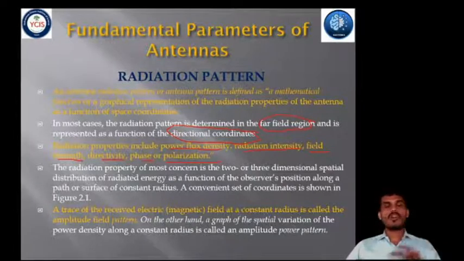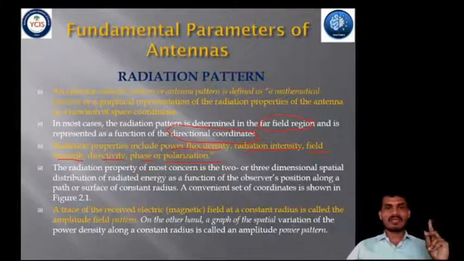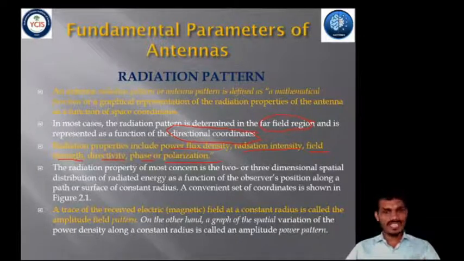These are all the properties of that particular radiation pattern. So a single radiation pattern transmitted from the antenna toward the free space has its own properties, and those properties are power flux density, radiation intensity, field strength, directivity, phase and polarization.